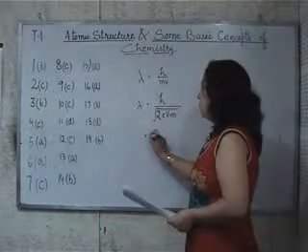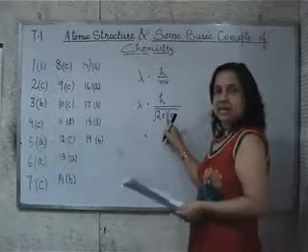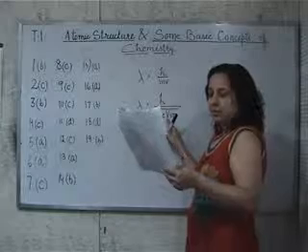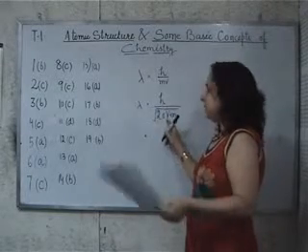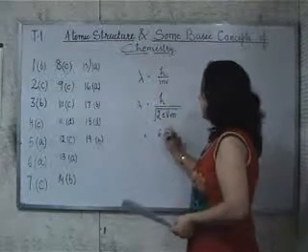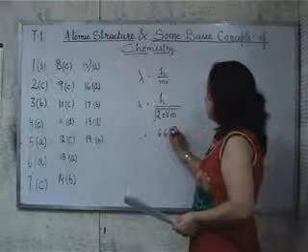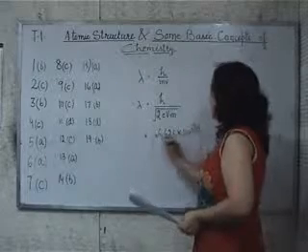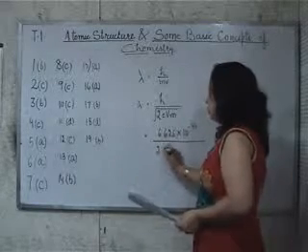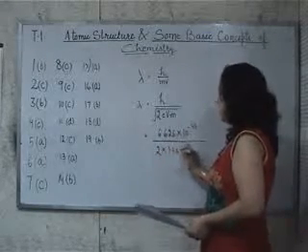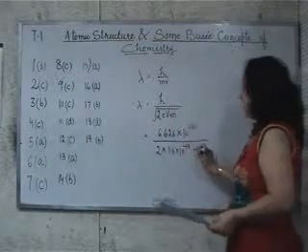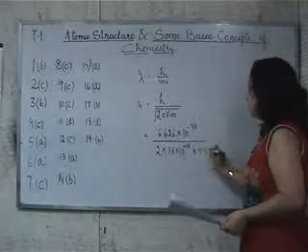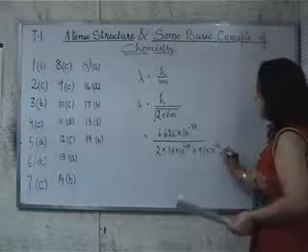Now applied voltage must be in the relationship. It means your option can be beta. h is 6.626 into 10 raised to power minus 34 divided by 2, charge is 1.6 into 10 raised to power minus 19, mass is 9.1 into 10 raised to power minus 31 for electron.